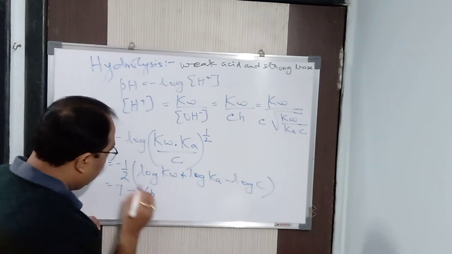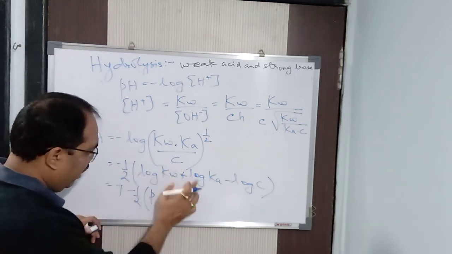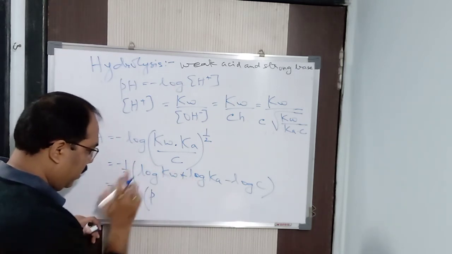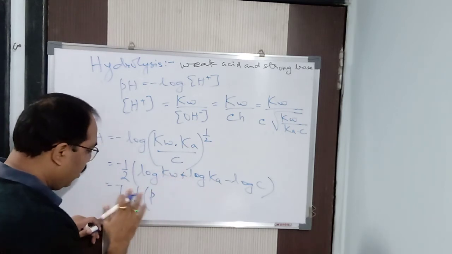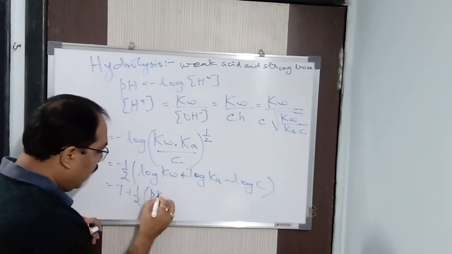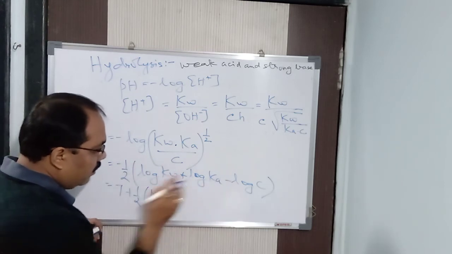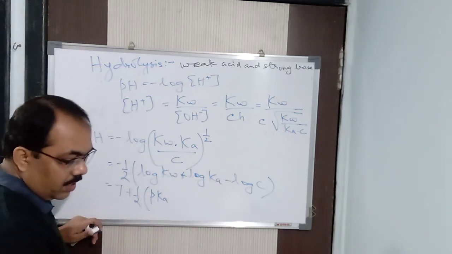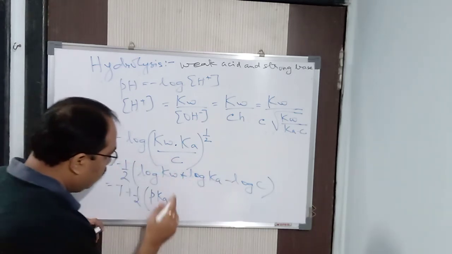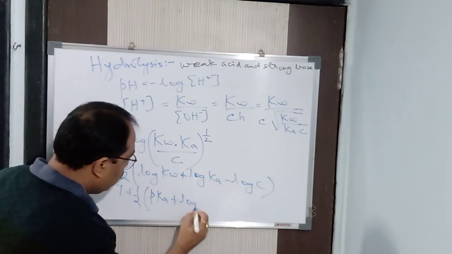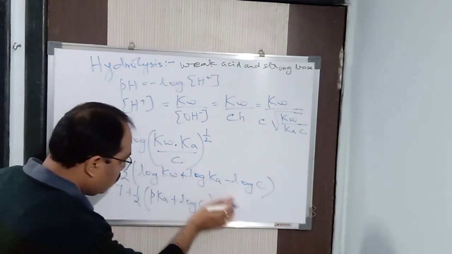Taking the minus inside, minus log Ka will be pKa, and minus log C is nothing but log C only, so minus of minus will be plus log C. Understood? I have multiplied the minus sign inside also.